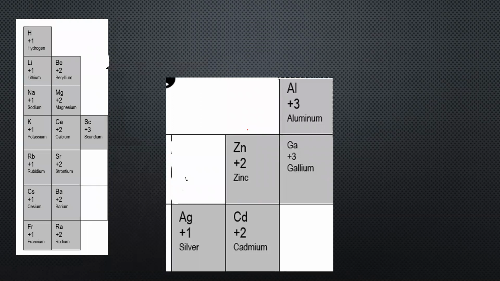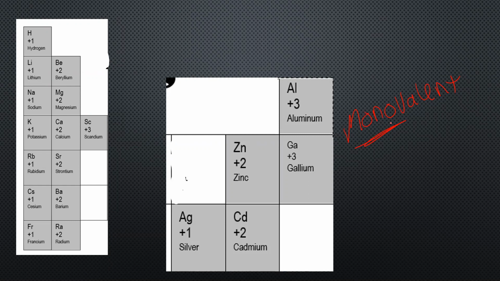The next section is the shaded metals. And in these, you see one charge and the name. And this is because these are what are called monovalent, meaning they have one possible charge and that is it.